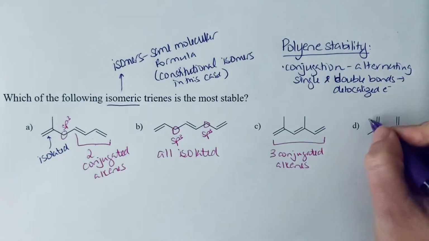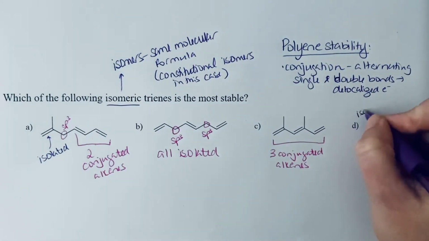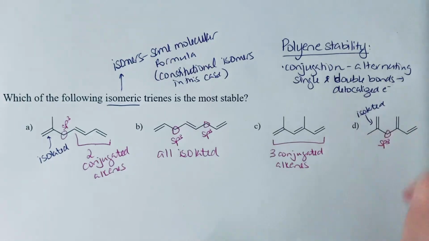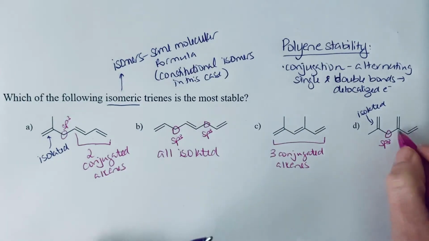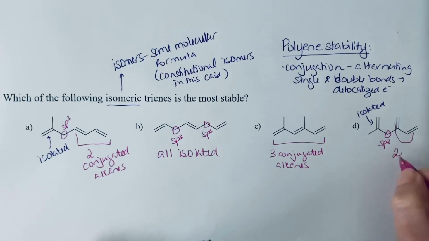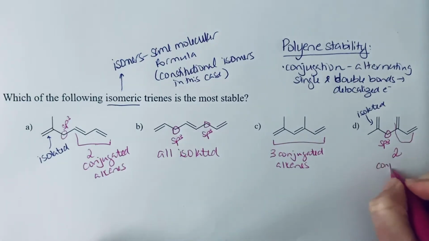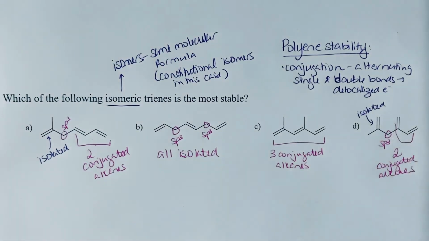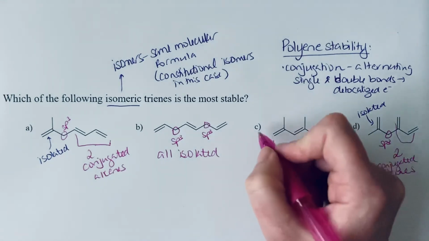And then at the end, we have these two that are in conjugation. So here we have two conjugated alkenes. Okay, so we've got our most stable one here.